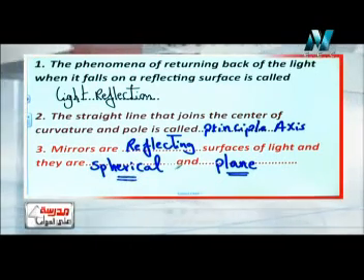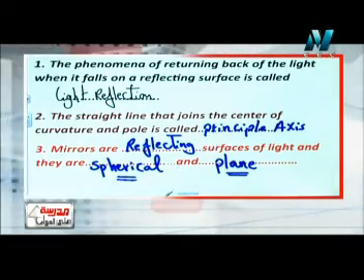Okay, as you see, dear students, here we have to identify the types of mirrors, عشان sometimes some students say types of mirrors are concave and convex. No, completely wrong.